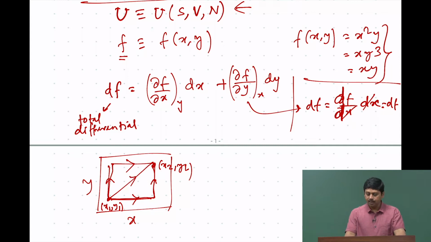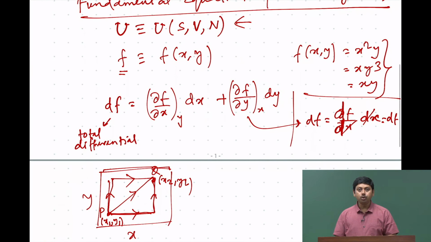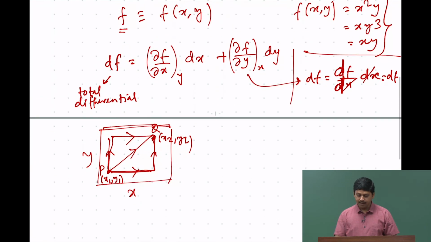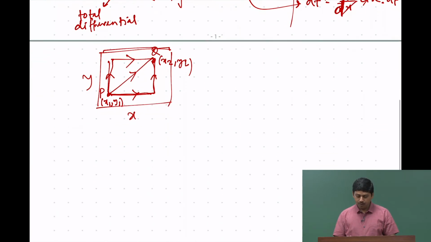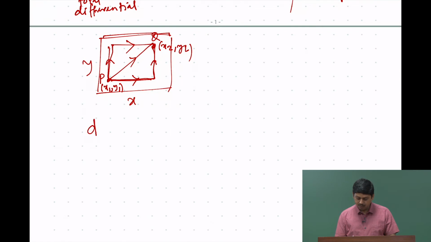That is what I was mentioning earlier. Imagine this is just a map and we are talking about the height of points, say P and Q. Similarly, here we are talking about U, which is a function of three variables S, V and N. Therefore, the change in U, or the total differential of U, can be written in terms of its partial derivatives with respect to all three quantities.